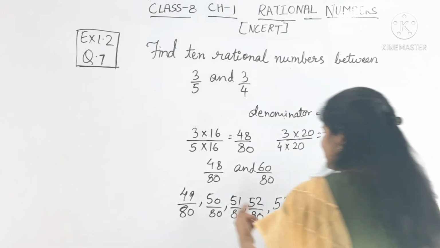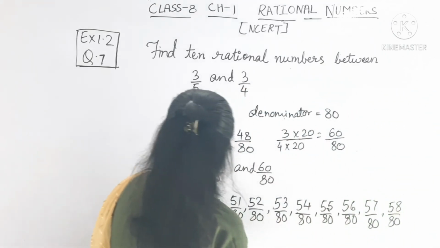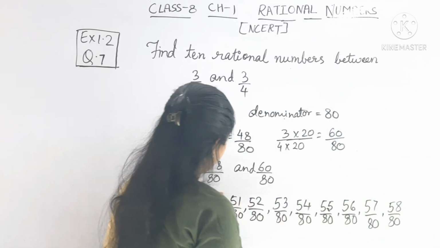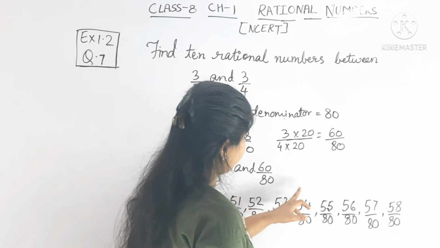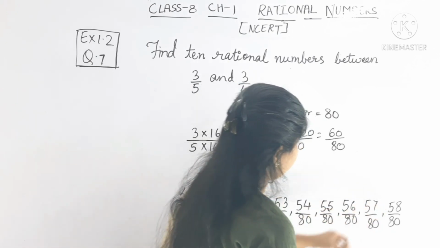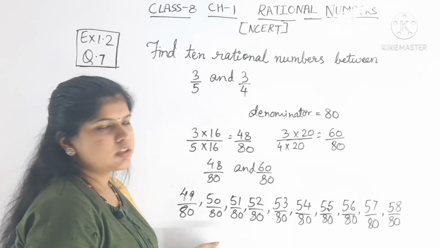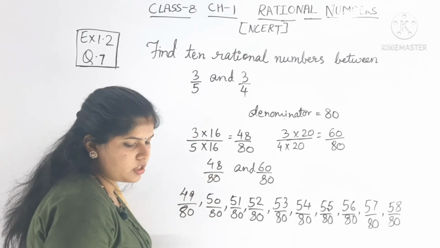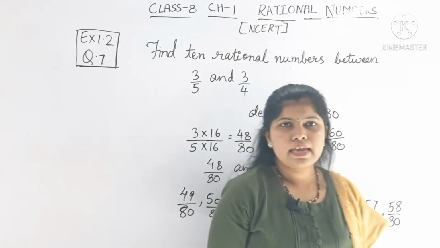Counting: 1, 2, 3, 4, 5, 6, 7, 8, 9, 10. So these are exactly 10 rational numbers. So this is the last question, children, where we had to find 10 rational numbers.